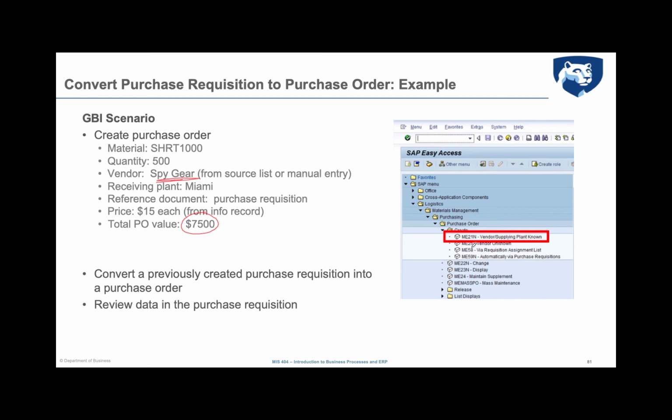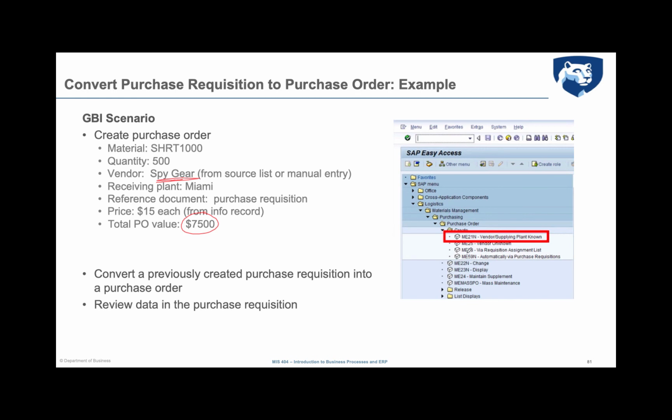This is the transaction ME21N, which is the creation of a purchase order when the vendor or the supplying plant is known, so there is already an active contract in place.